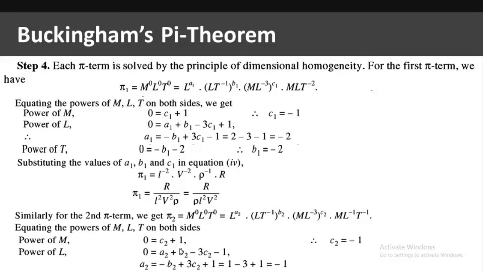So we will have a2, ये सारे टर्म राइट साइड में ले जाएंगे, so plus b2 will become minus b2, minus 3c2 will become plus 3c2, minus 1 will become plus 1, so a2 equals to minus b2 plus 3c2 plus 1.